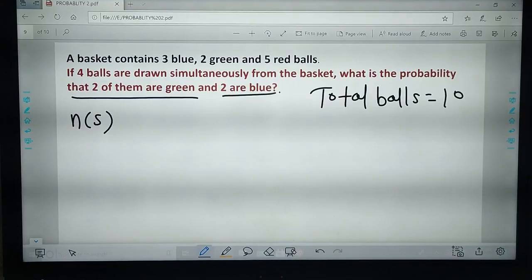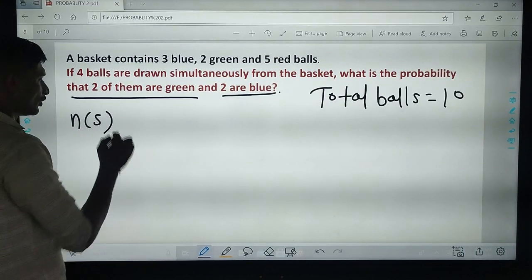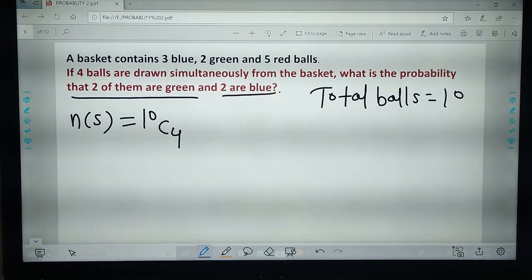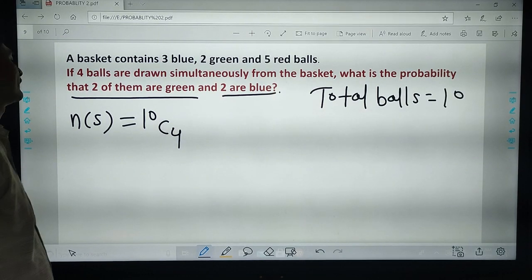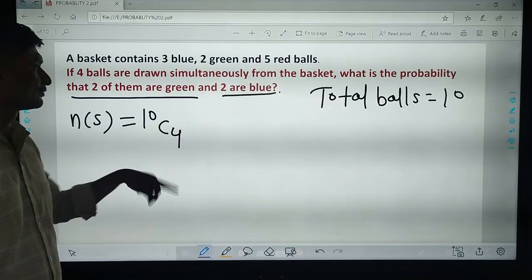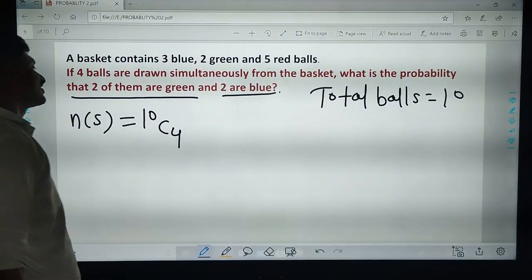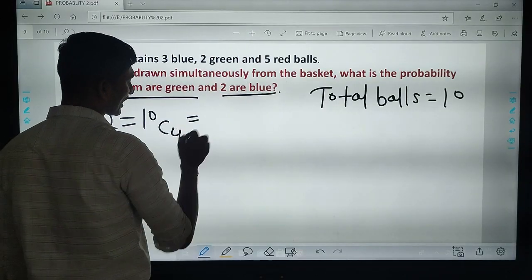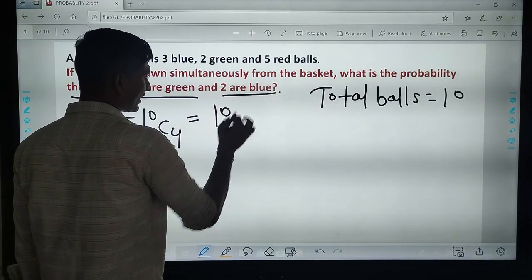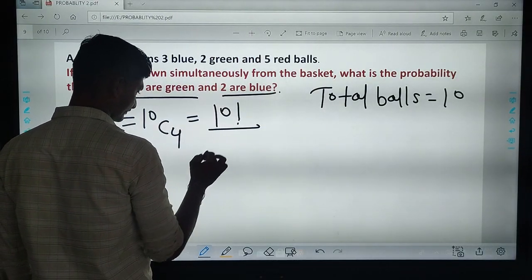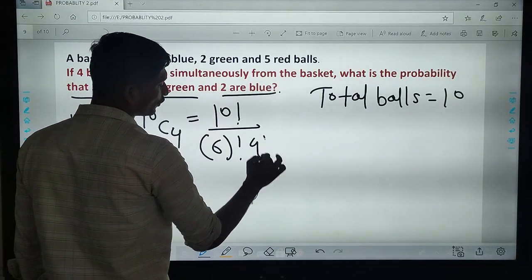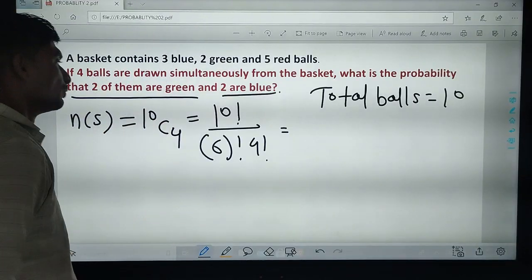Now here we draw 4 balls from 10 balls by 10C4. Then n of S is equal to 10C4. Now we calculate n of S: 10 factorial divided by 10 minus 4, 6 factorial into 4 factorial.